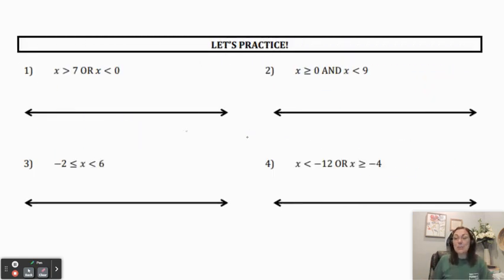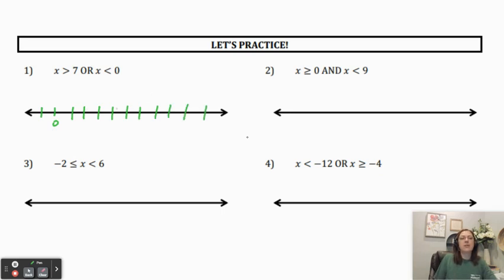All right, let's get a little practice here on solving both types. Remember, the ors tend to go out away from each other, and the ands, we're looking for the overlap. So if we look at number 1, we want x is greater than 7 or x is less than 0. So let's put some numbers on the number line. Okay, we'll go to 7.